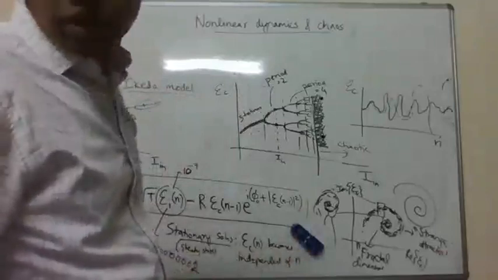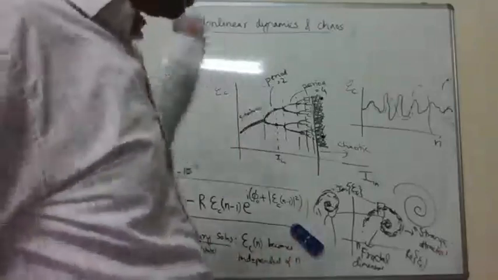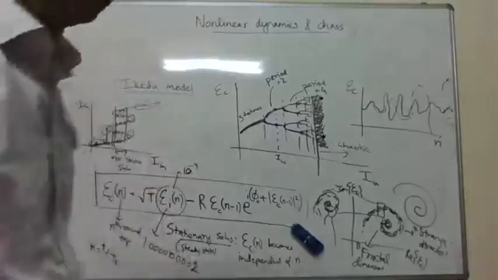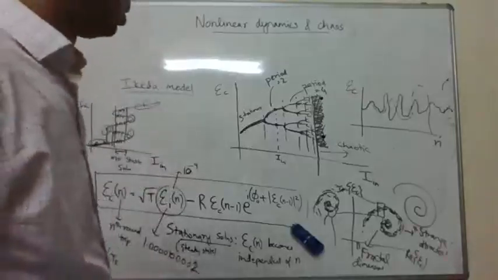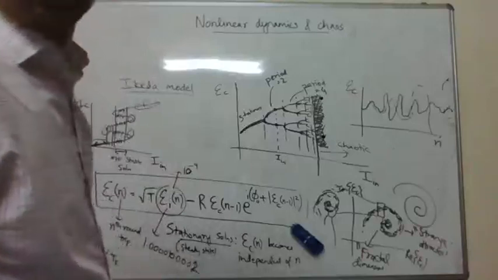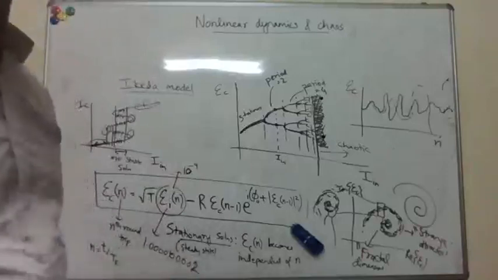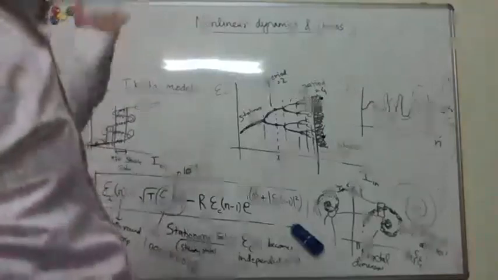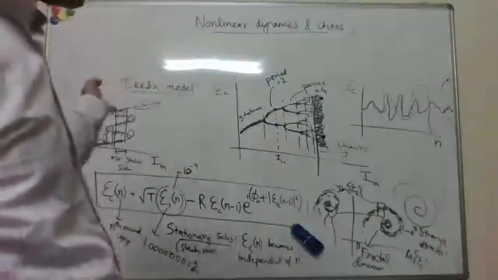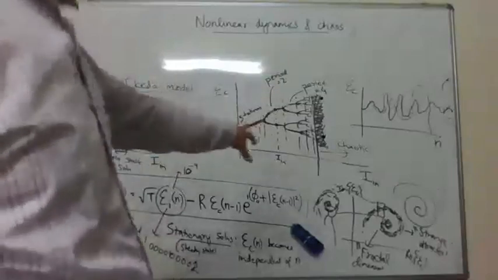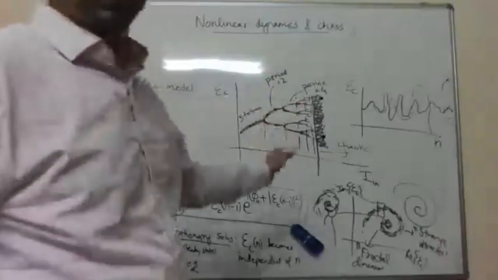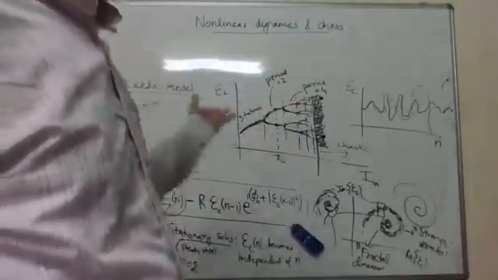But this is a whole big field, as I said, on its own. But with the simple system in optics, we can learn some of those most important features of chaotic systems already.